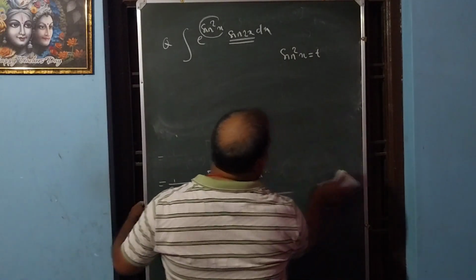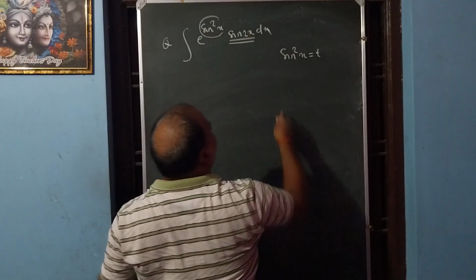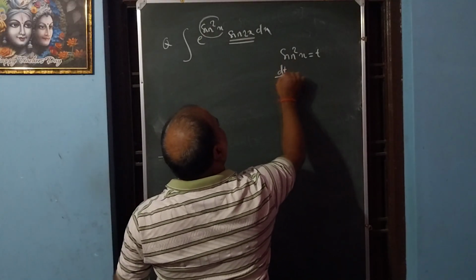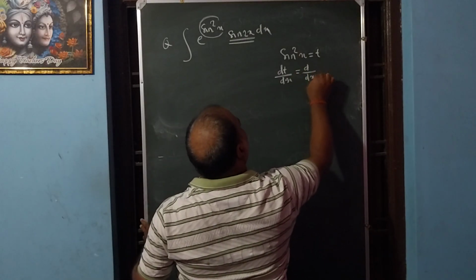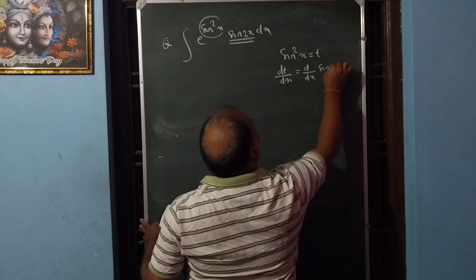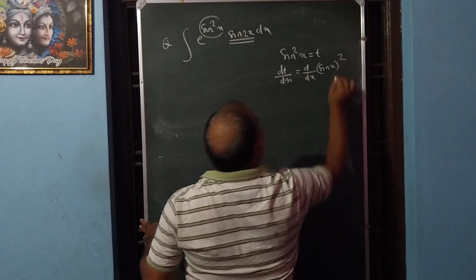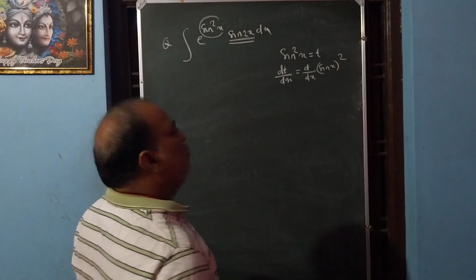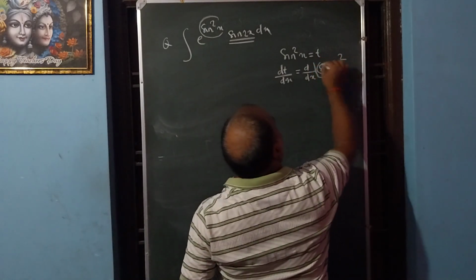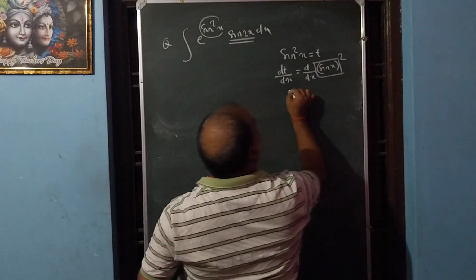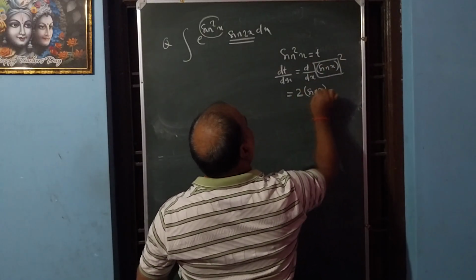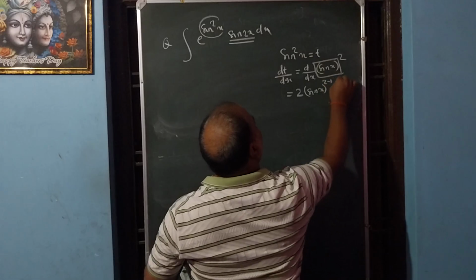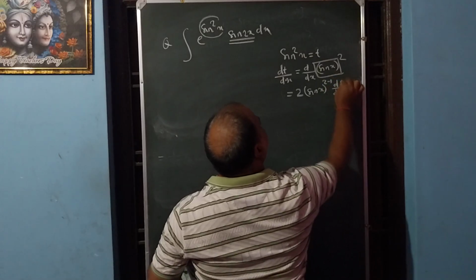So we get dt by dx is d by dx of (sin x) whole square. From the chain rule, for (sin x) to the power n the derivative is n into (sin x) to the power n minus 1, then the derivative of sin x.